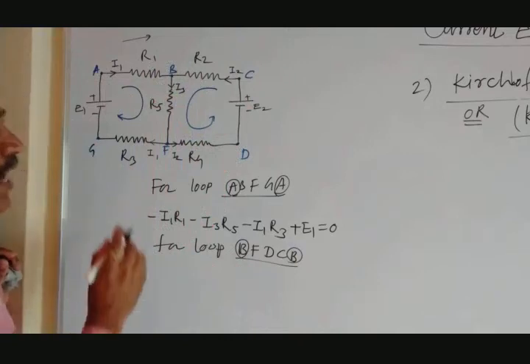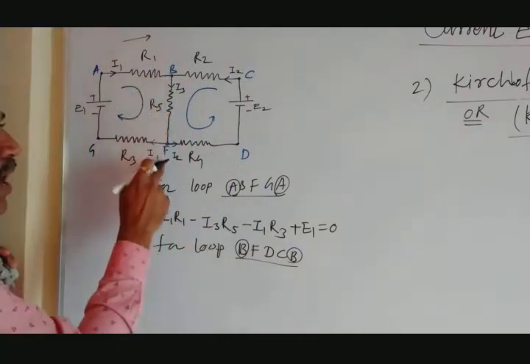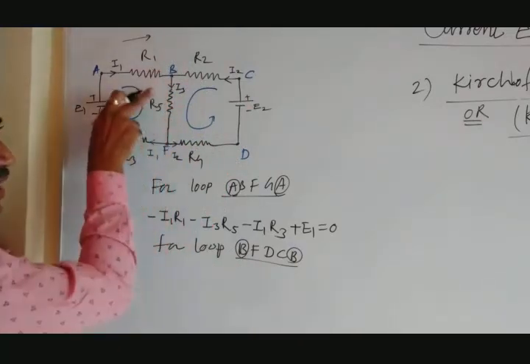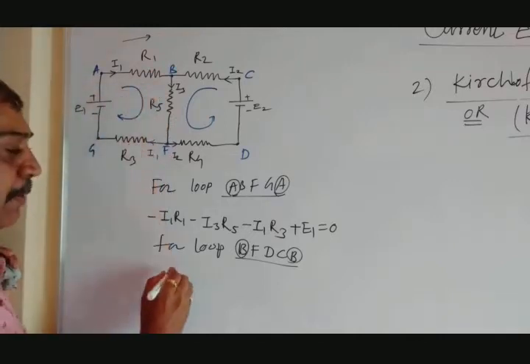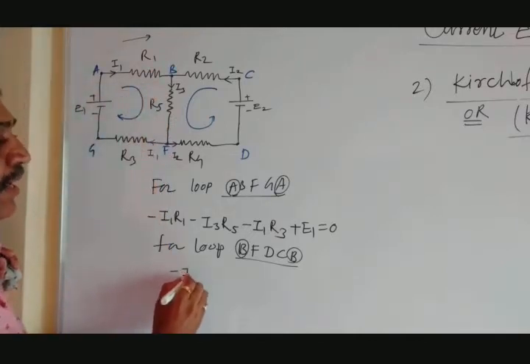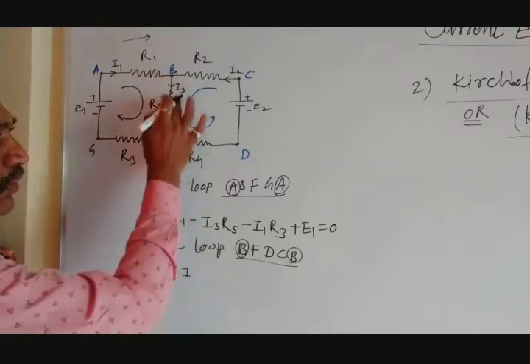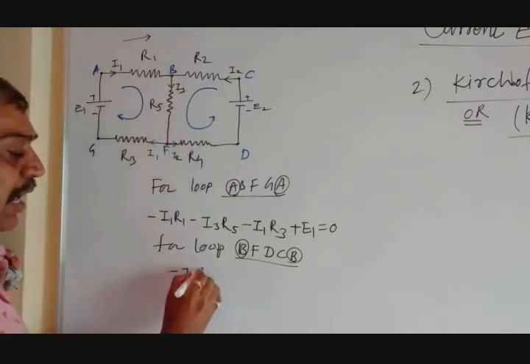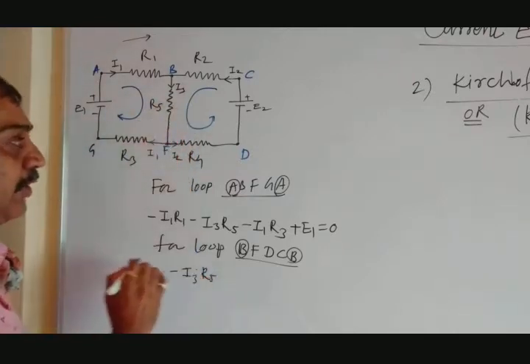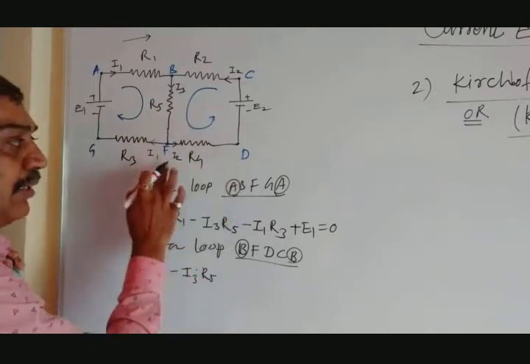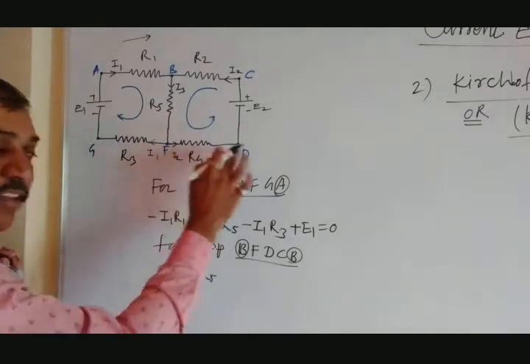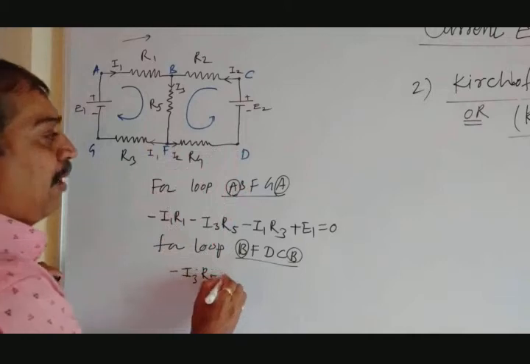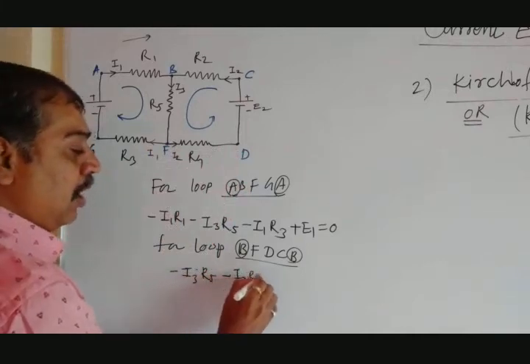For this loop, what can we write? When we move from B to F, the direction of tracing is the same as that of the current, so this would be minus I3 R5, the potential drop. From F to D, the current is moving in the same direction, so again minus I2 R4.